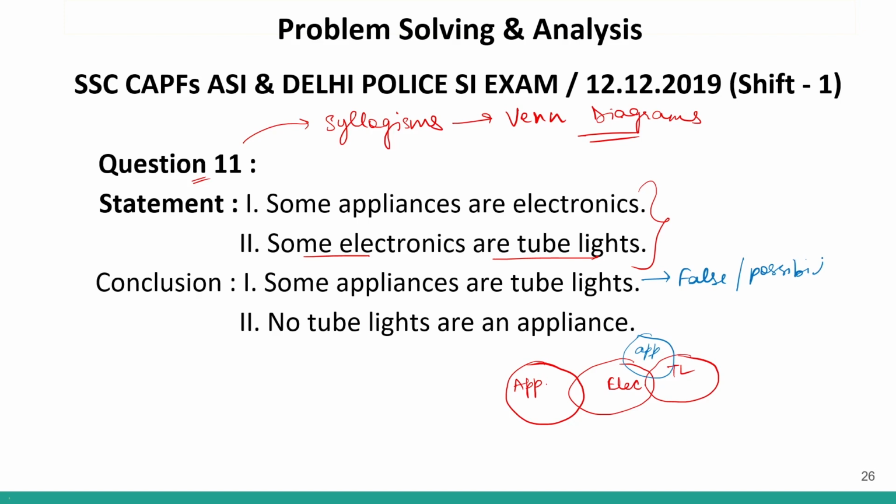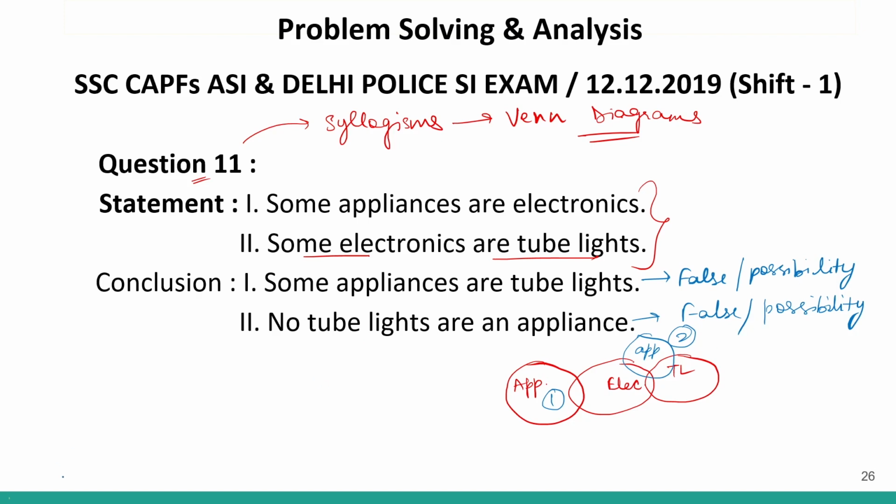So, I'd always told you that we look at the definitive true statement. No tube lights are an appliance. So, over here, this is possibility 2, this is possibility 1, where appliance and tube lights do not overlap. So, this is also false, but this is also a possibility. Correct? Now, I can say that either 1 or 2 will be correct. Why? Because either they overlap or they don't. Only 2 possibilities.